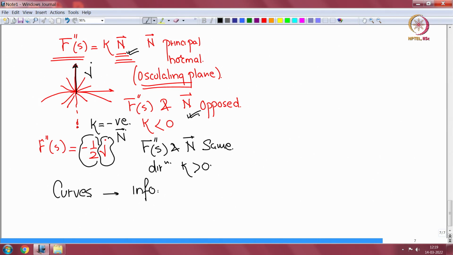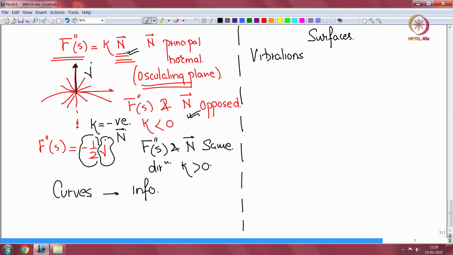We have to start now looking at surfaces. We will be looking at vibrations.